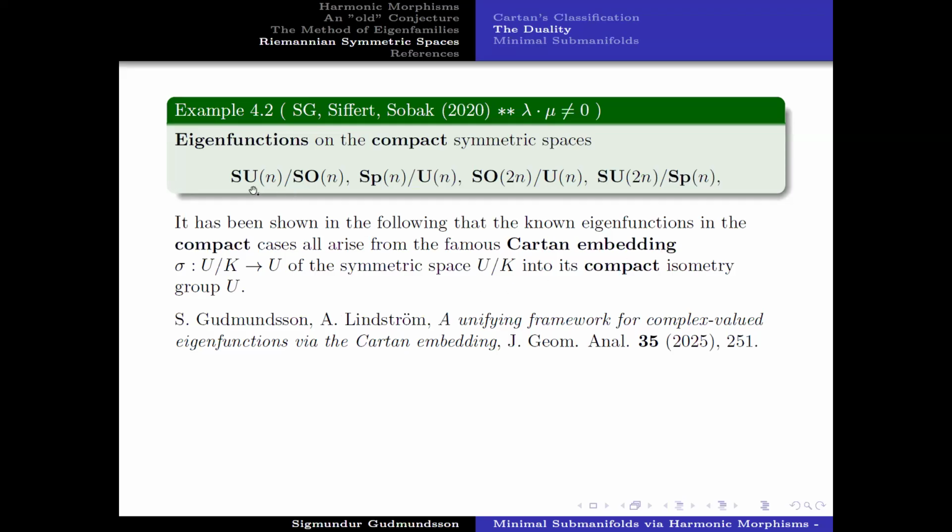And now you can do the duality, which I have sort of tried to tell you a little bit about without going into details. So all the examples that we know of in the compact case and then in the dual non-compact case all arise from this famous Cartan embedding. Was that a surprise?